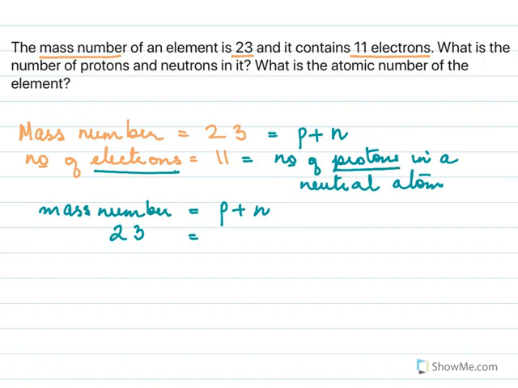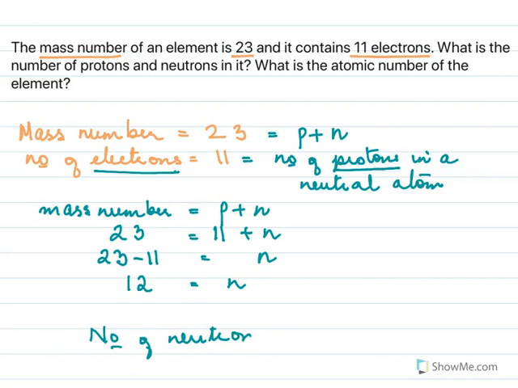So protons, I'll put 11, and neutrons is n. So n equal to 23 minus 11, and that is 12. So the number of neutrons equal to 12.